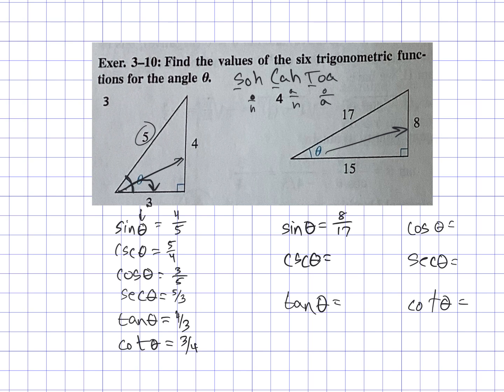So the cosecant is the reciprocal of that. And the cosine is adjacent, 15, over hypotenuse, 17. Secant is the reciprocal of that. And the tangent is opposite over adjacent. And the cotangent is the reciprocal of that. Okay, and that's how you do those.